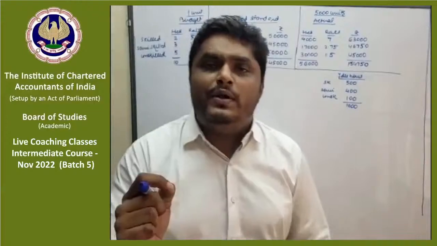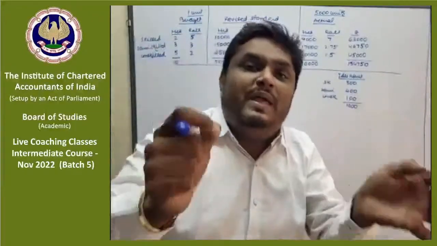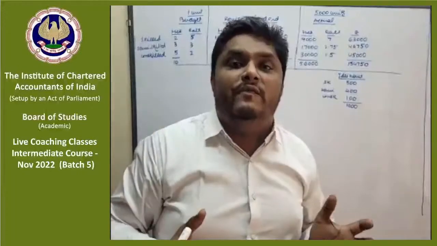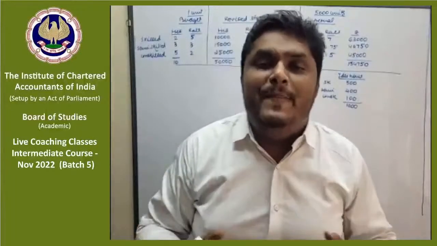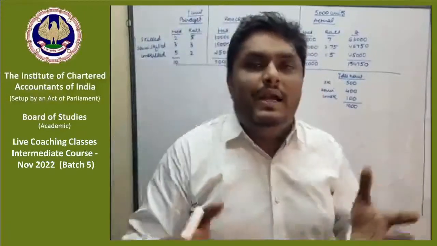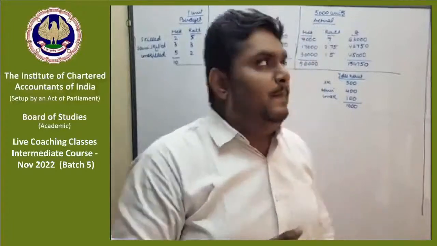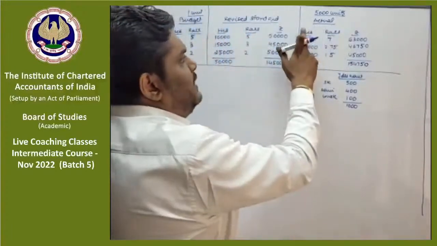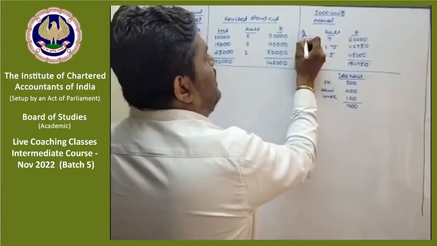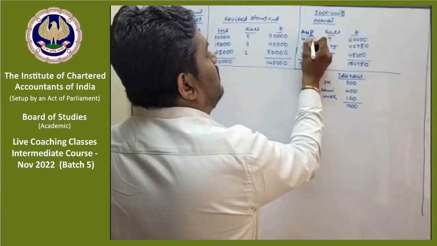So very important, guys, the actual hours paid and actual hours worked will be different because the company has to pay for idle hours, but when calculating the variance we have to calculate the idle time variance separately.